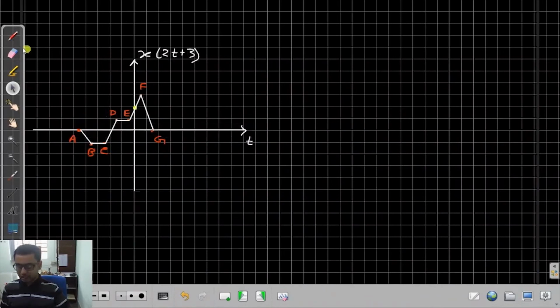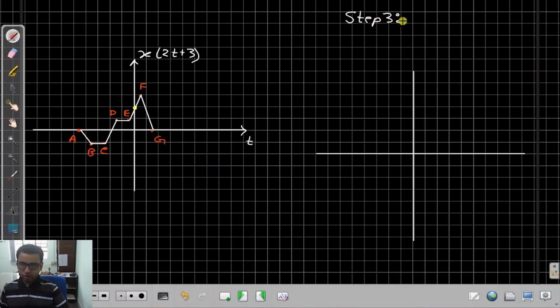This is the result of step 2, and now we will draw x of minus 2t plus 3.